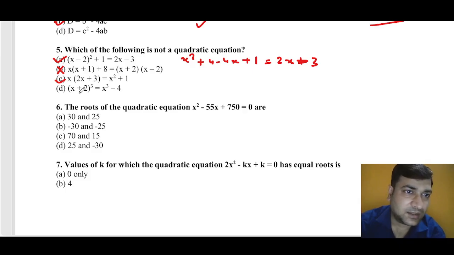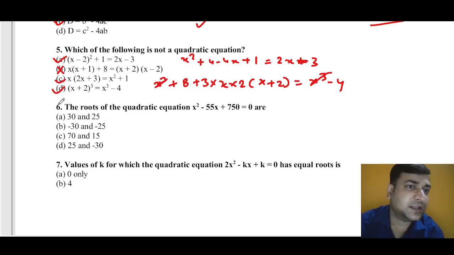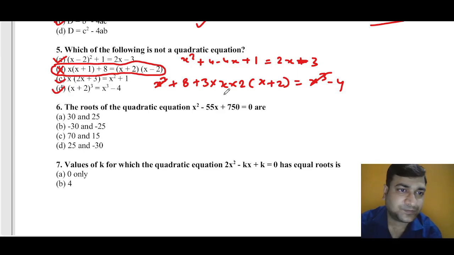When we solve the third part, a plus b whole cube, x cube plus 2 cube means 8 plus 3 into x into 2, x plus 2 is equal to x cube minus 4. So that will be cancelled out, and x square will be left. So it is also a quadratic equation. We have to find out which is not a quadratic equation. So the answer is B.